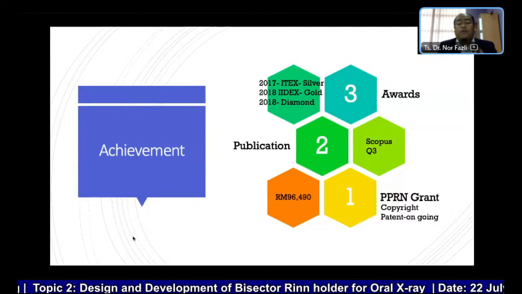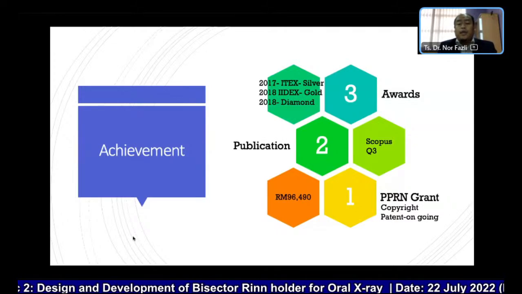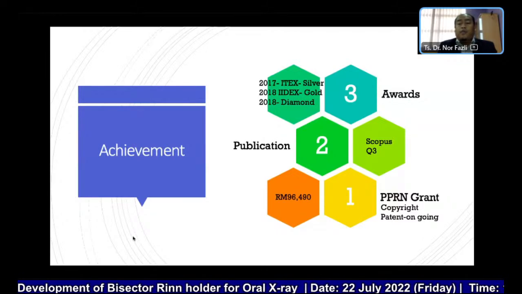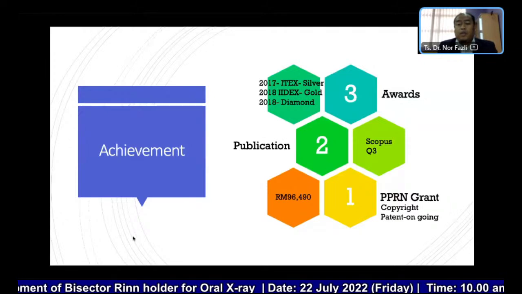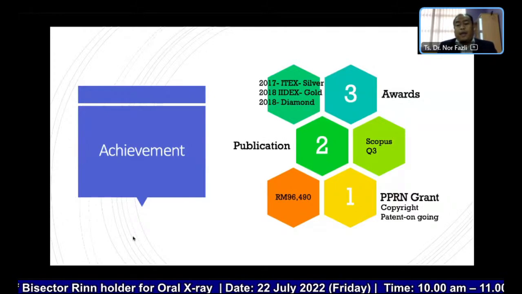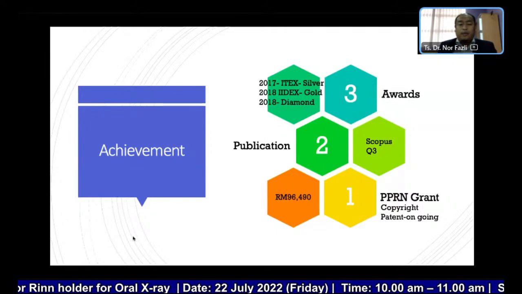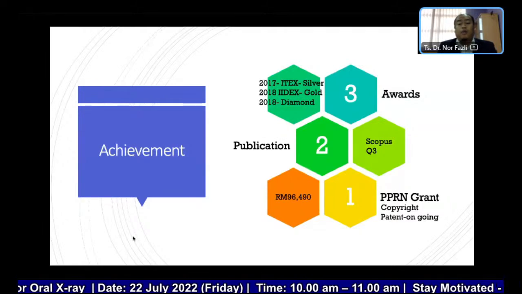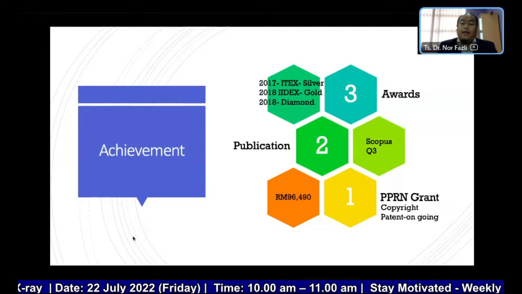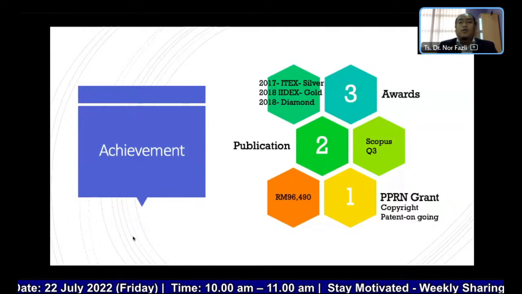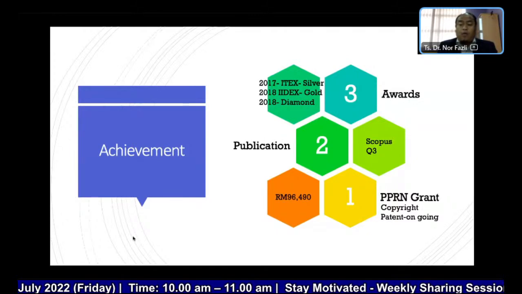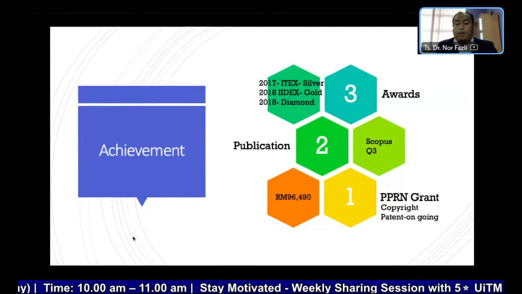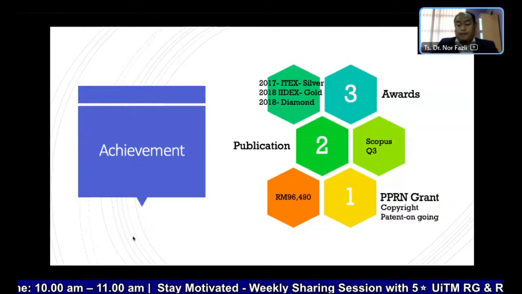With this project we managed to get two publications, and a few undergraduate student projects have been completed. Using this product development, we managed to get one PPRN grant worth 96,000, and we got copyright, and our patent, led by Prof, is coming soon for this product.